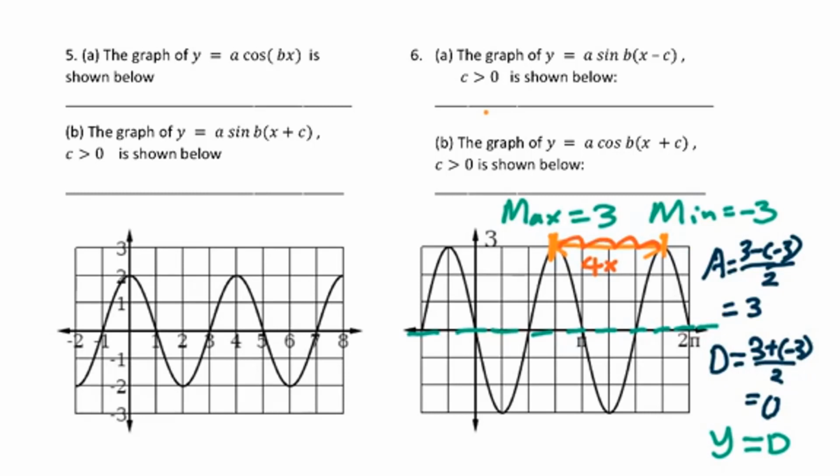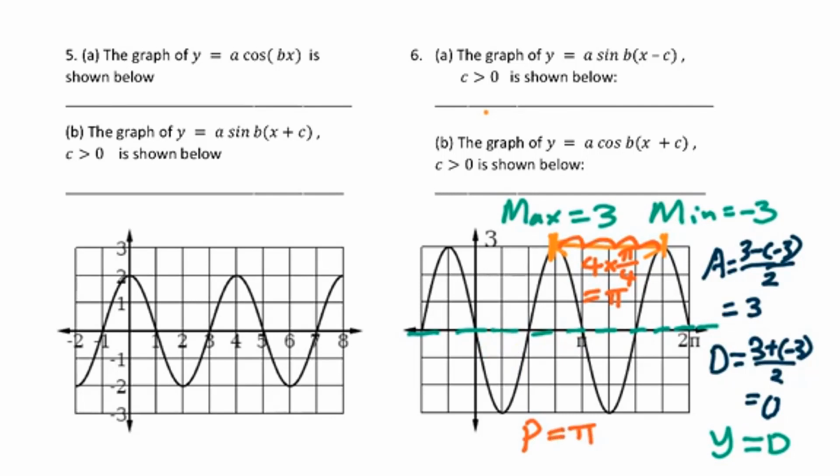This is a pi. Then between them, we have 1, 2, 3, 4 units. Therefore, we use pi divided by 4. That's the unit of this graph. So we multiply by pi over 4. We got 4 pi over 4, which equals pi. So we figure out the period equals pi.